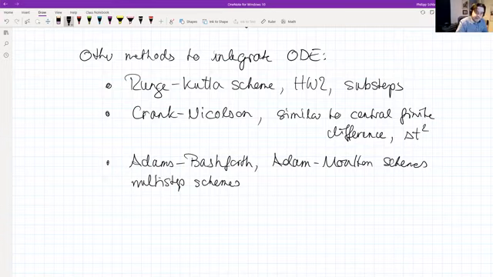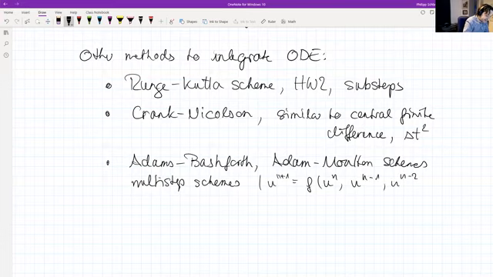The idea with multi-step schemes is that u at n+1 is a function not only of u at n, but also u at n-1 and u at n-2 and so on. So that's what a multi-step scheme is all about. We will look at Adams-Bashforth schemes later in the course. I think it's homework number 5, when we have a small example.